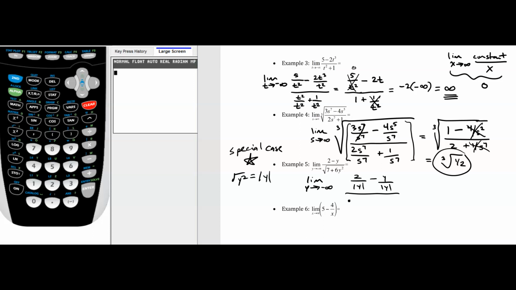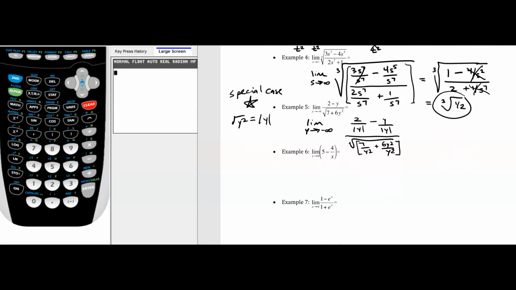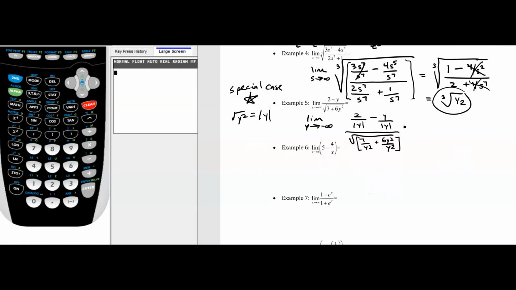And then in the denominator, we can simply take the 7 over y squared, because that's all inside the square root, plus 6y squared over y squared. Let me scroll up a little bit here. As y goes to negative infinity, the absolute value of y becomes positive infinity, so 2 divided by something that's really large becomes negligible.